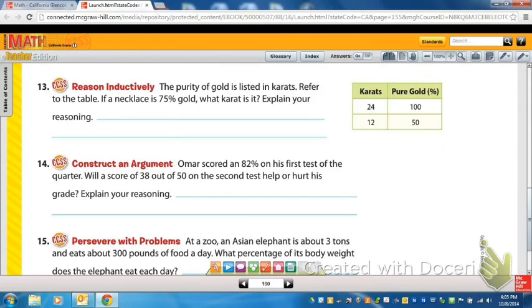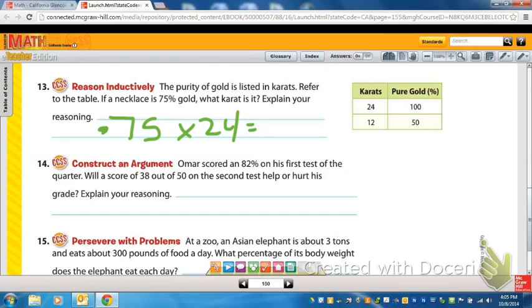Number 13, the purity of gold is listed in carats. Refer to the table. If a necklace is 75% gold, what carat is it? Explain your reasoning. So this is going back to what we did before. We're going to change 75% to a decimal, and we're going to multiply that by 24.